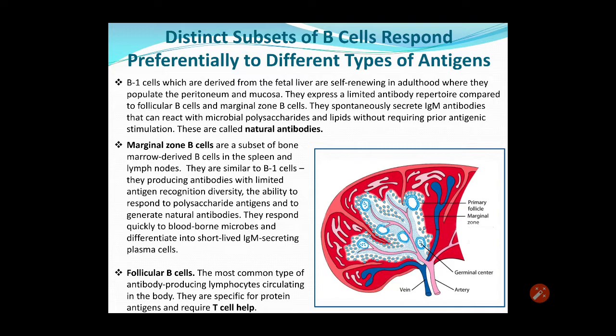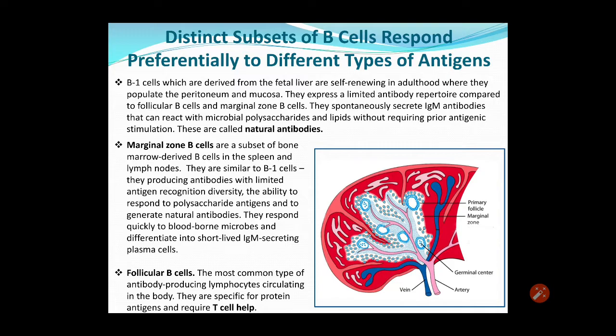First of all, I told you in one of the pre-midterm lectures about these B1 and B2 lymphocytes. So the B1 lymphocytes recognize polysaccharides, long-chain repeated molecules, and they don't need T cell help.